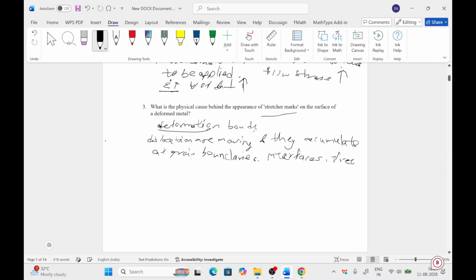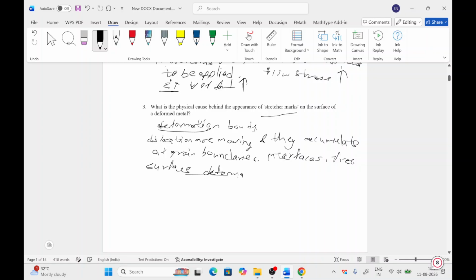The free surface is the sample surface. At the free surface, boundaries or interfaces, the dislocations accumulate and make some type of slip because of the slip of the atomic planes.